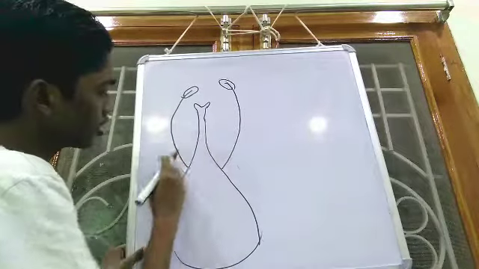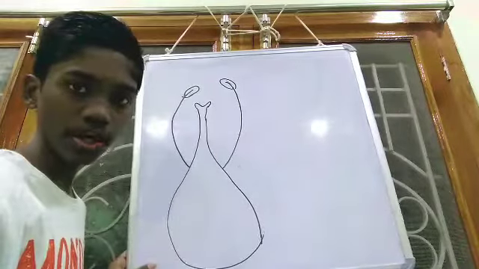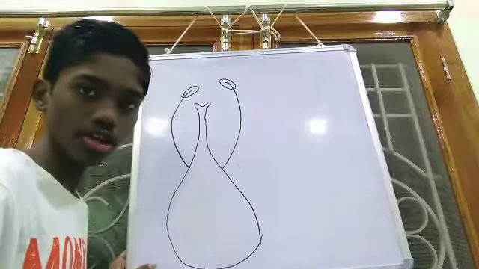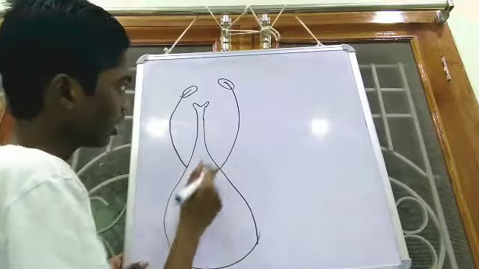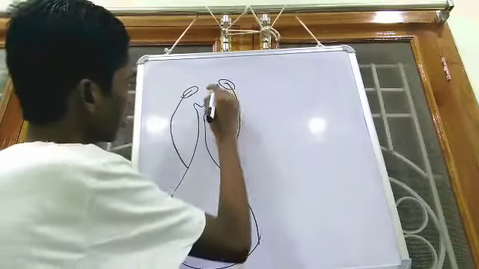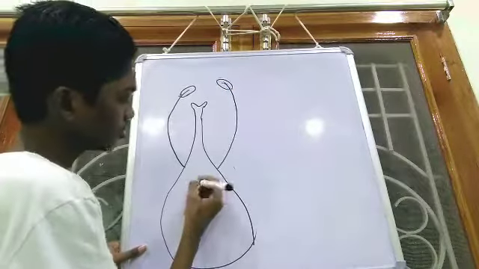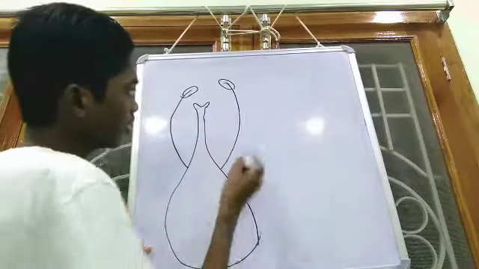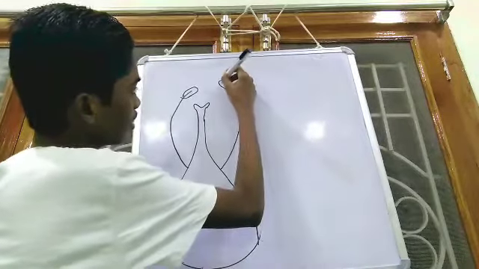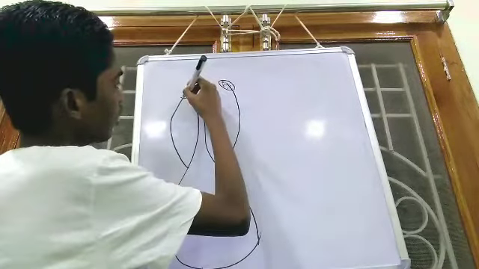Actually, there are still more. Totally, there are four male reproductive parts, meaning four anthers, but as there is no place, I drew it like this. So this is the female reproductive part and this is the male reproductive part. And here the pollen grains are present inside the anther of the stamen.